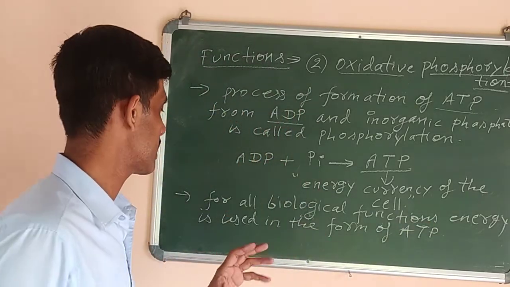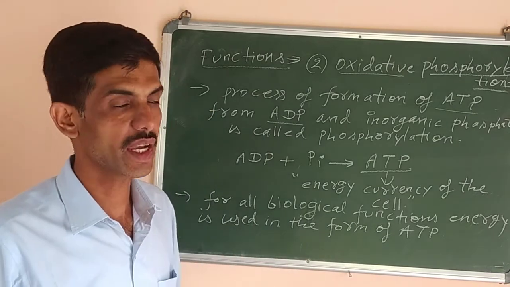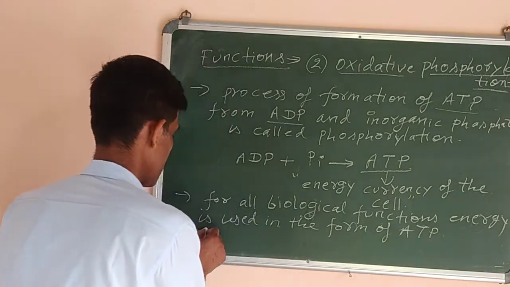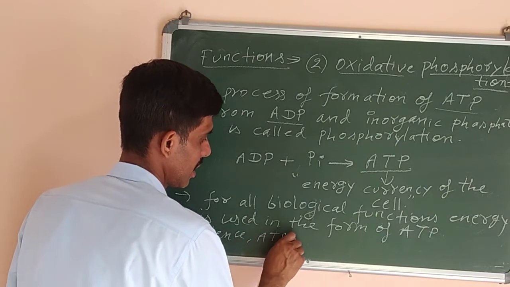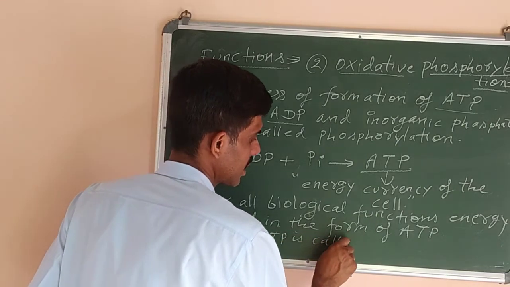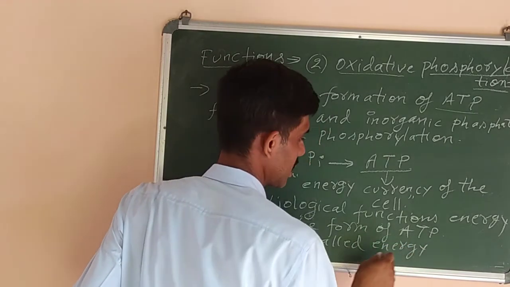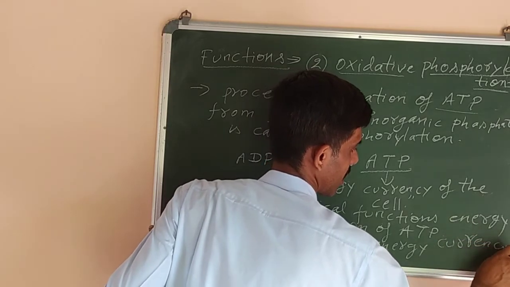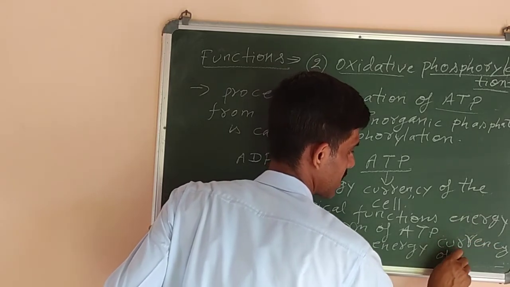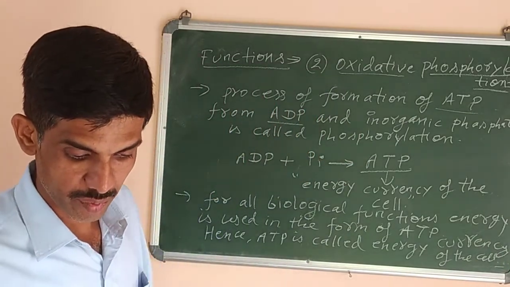For all biological functions, energy is utilized in the form of ATP, and hence ATP is called energy currency of the cell. Okay? ATP is called energy currency of the cell.